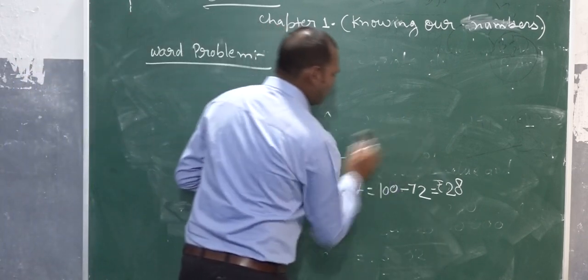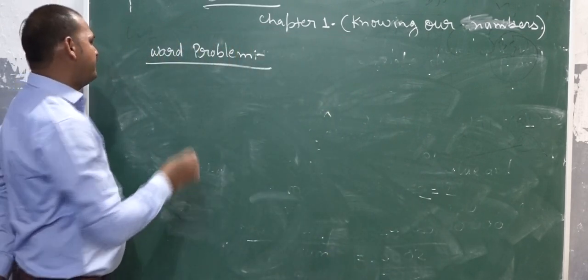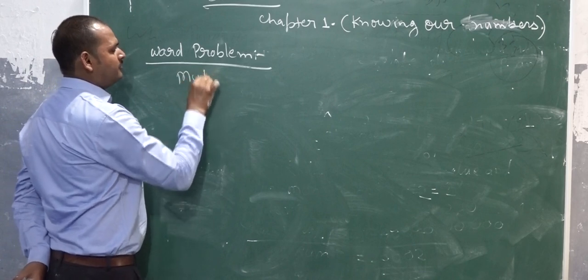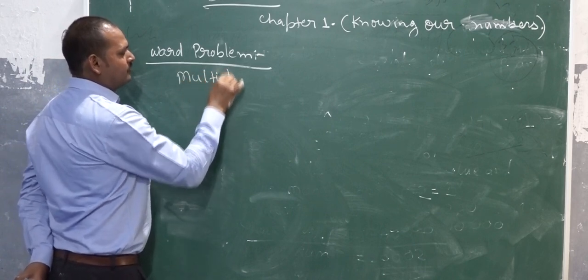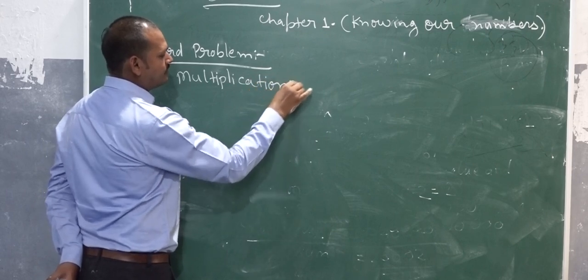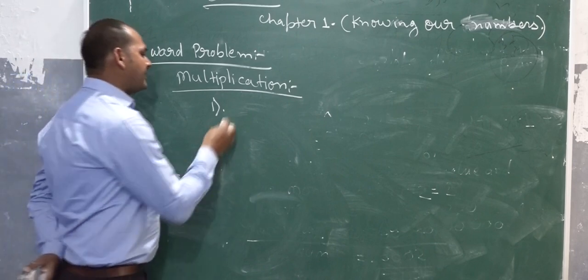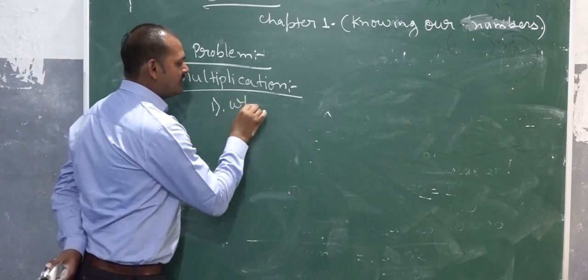Now we have to know the word problem on multiplication. The first is very easy.